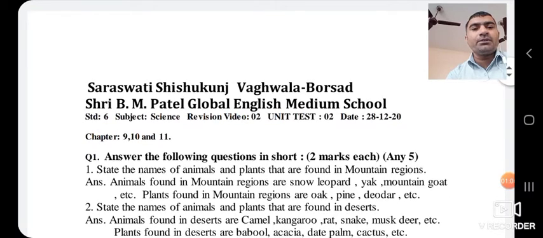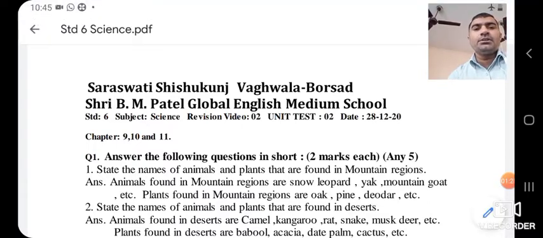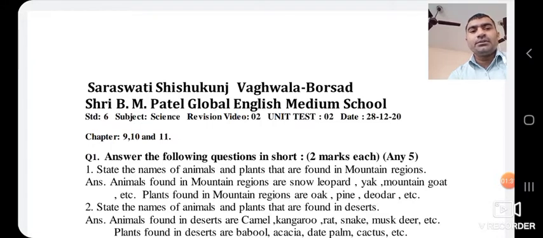Animals found in mountain regions are snow leopard, yak, mountain goat, etc. And plants found in mountain region are oak, pine tree, deodar tree, etc. So these are the plants and animals found in mountain region.